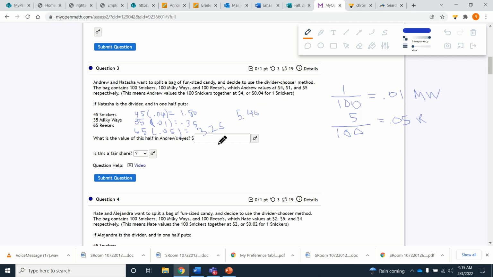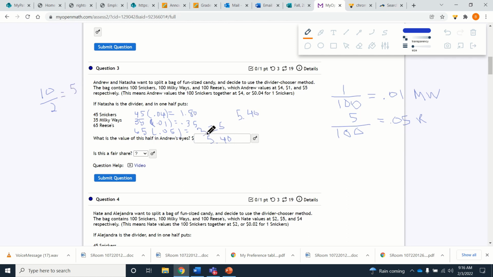Okay, so what is the value of the half in Andrew's eyes? It's $5.40. Now we have to determine if it's a fair share. So if we add up all of Andrew's values for these bags, that would be $10. And if we divide that in half, Andrew's fair share would be half of the $10, or $5.